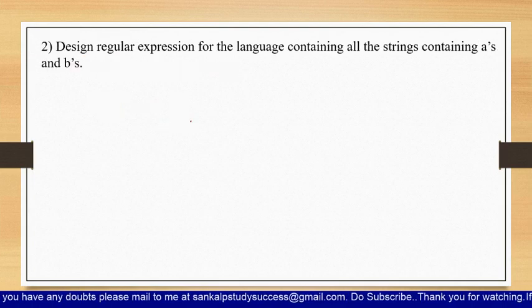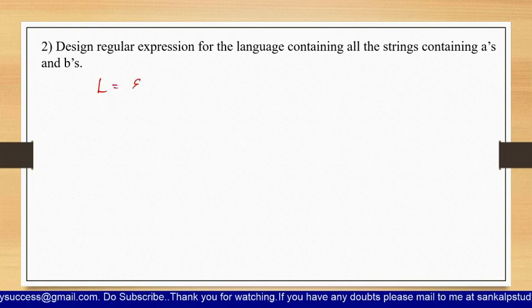Now let us see one more. Design a regular expression for the language containing all the strings containing A's and B's. That means you are going to have A's and also B's, and you can have any number of them. The language will generate epsilon also.